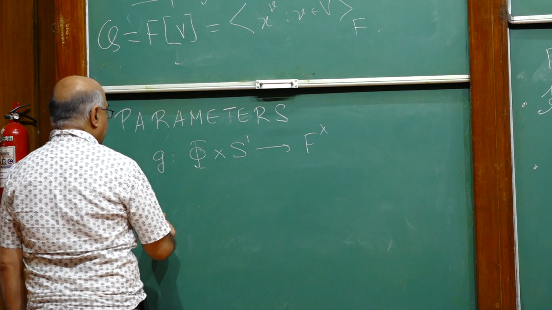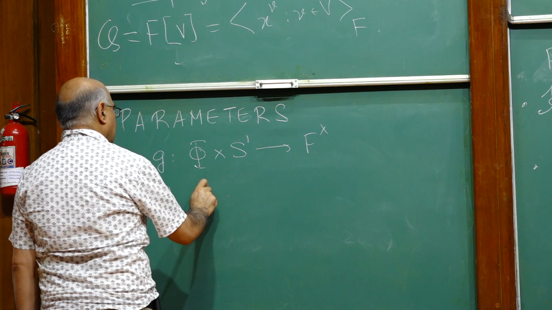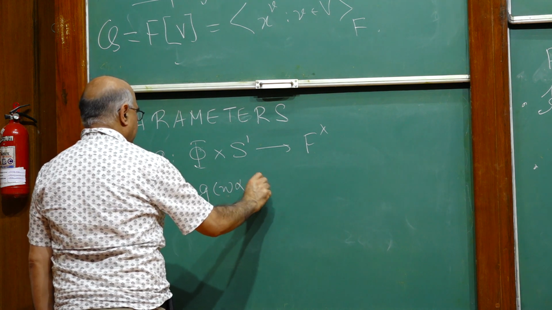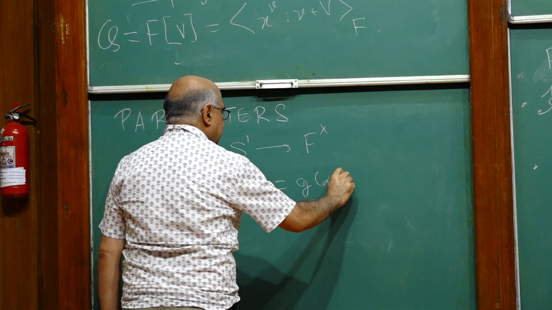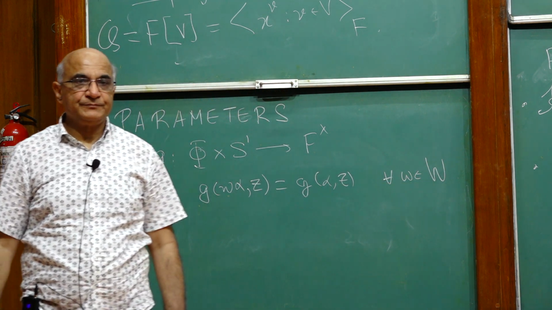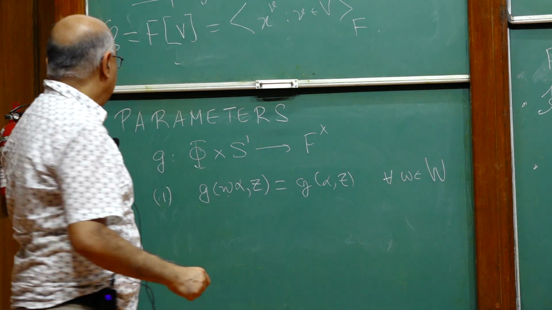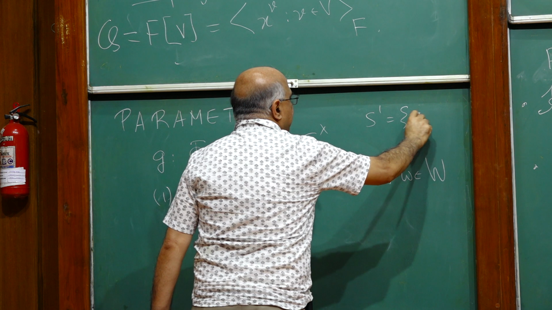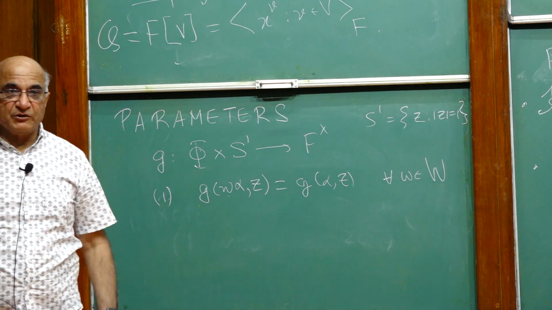And the conditions are: first, g of w alpha, z equals g of alpha, z for all w in the affine Weyl group, so it's W-invariant in the first coordinate. Here S1 is the set of complex numbers z of modulus 1.